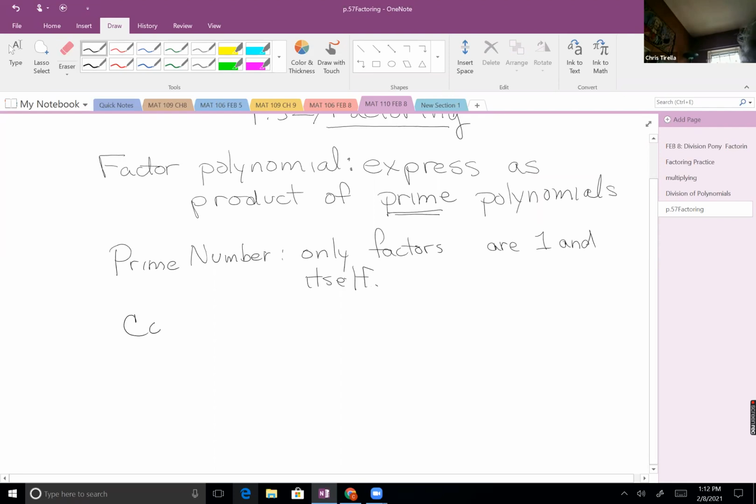Otherwise, we have a composite number, which is one that can be expressed as the product of primes.